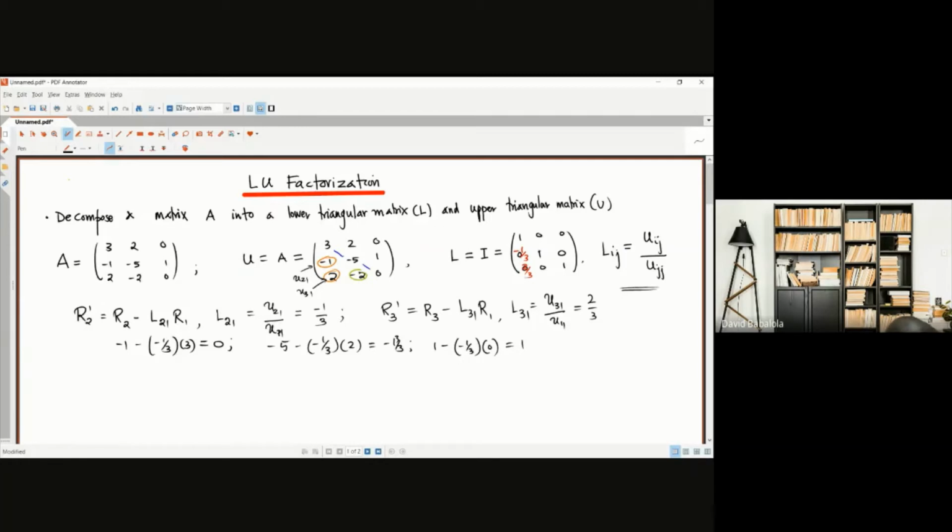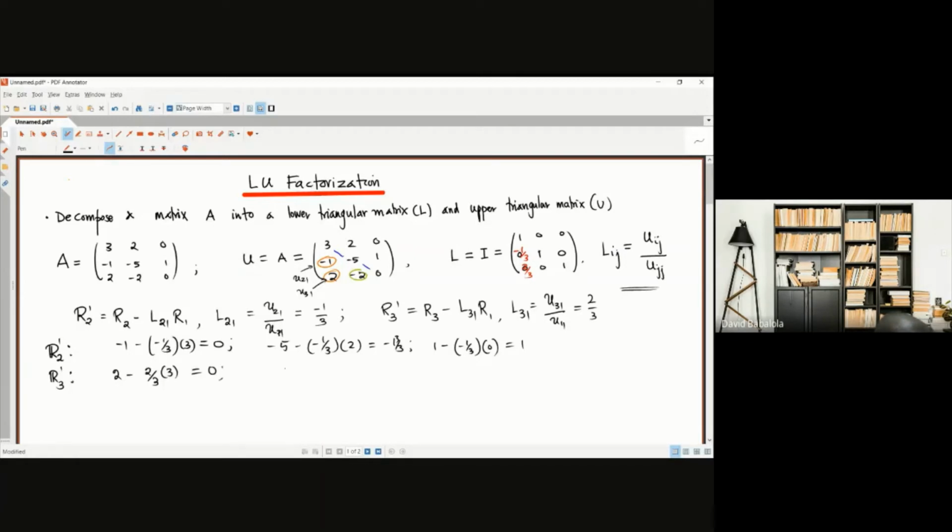So this is row 2. Now for row 3, we're going to have the first entry there, that is 2, minus the multiplier, 2 over 3, times the entry in row 1, that is 0.